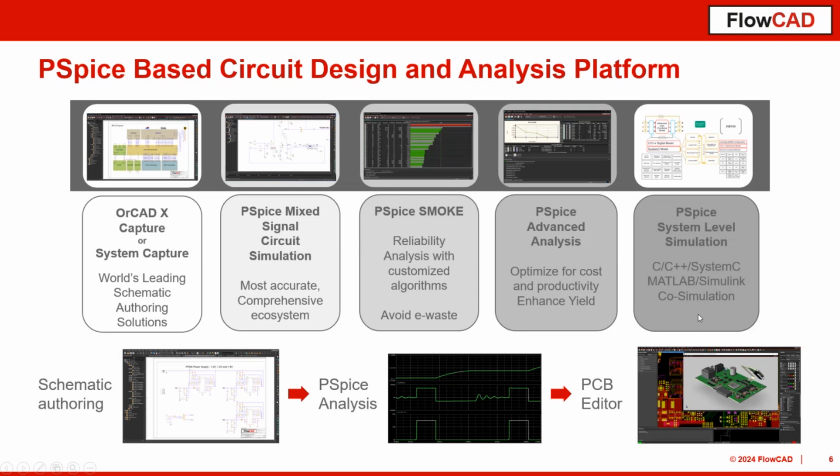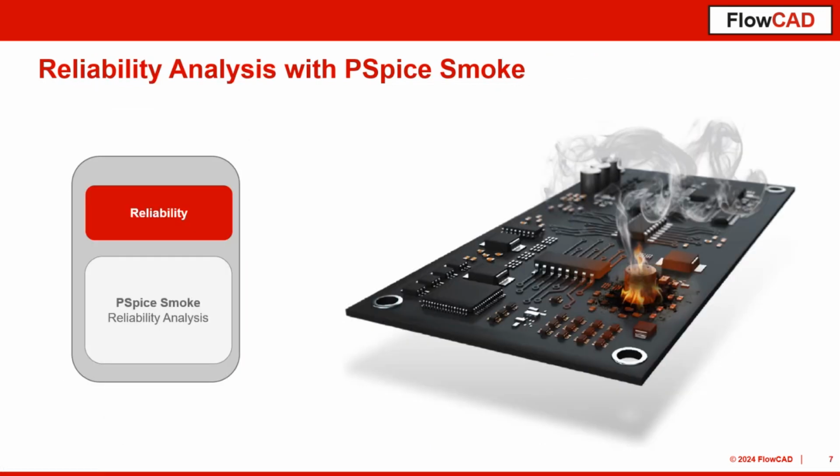But today we will talk about the PSpice Smoke analysis. So what is PSpice Smoke analysis? It is a so-called reliability analysis, because it helps you to find stressed components in the design. Stressed by what?